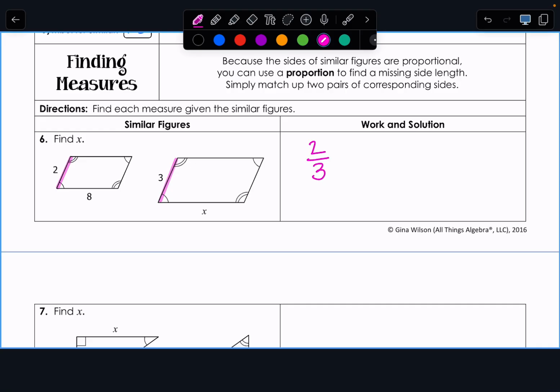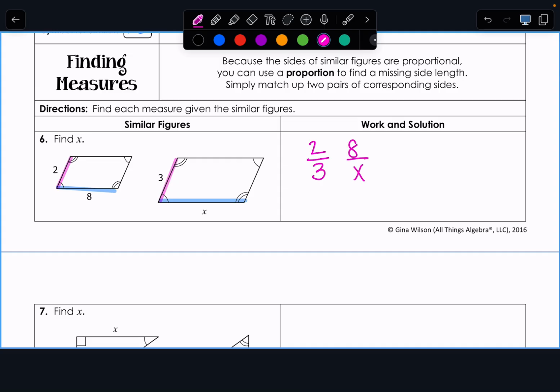Now, do you agree that 8 corresponds with x? Yeah? Okay. Now, if I made my first ratio 2 over 3, am I going to write x over 8 or 8 over x? 8 over x.